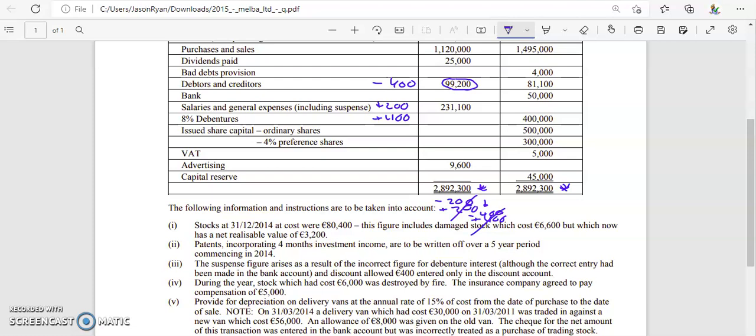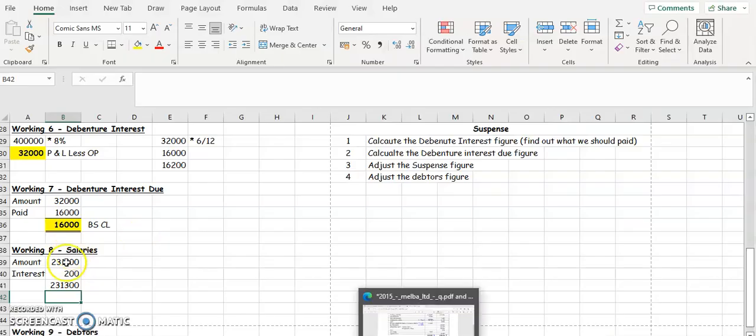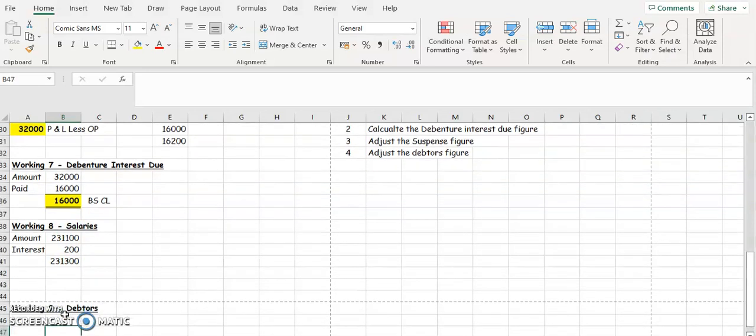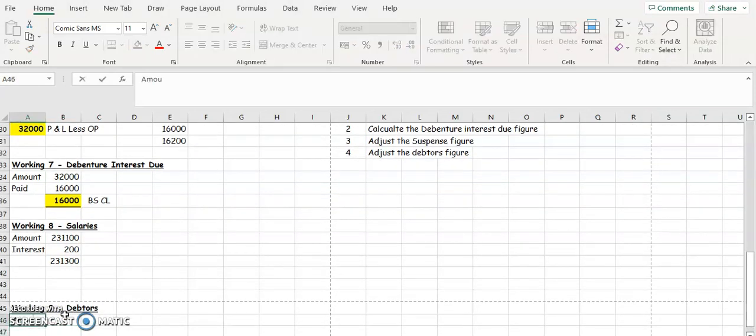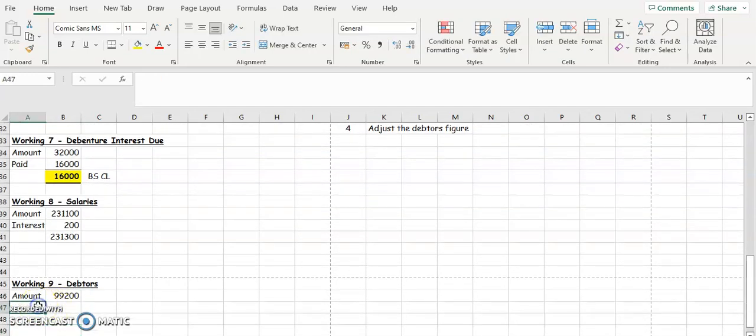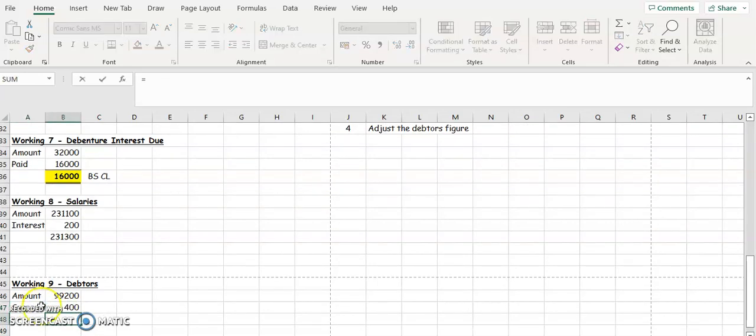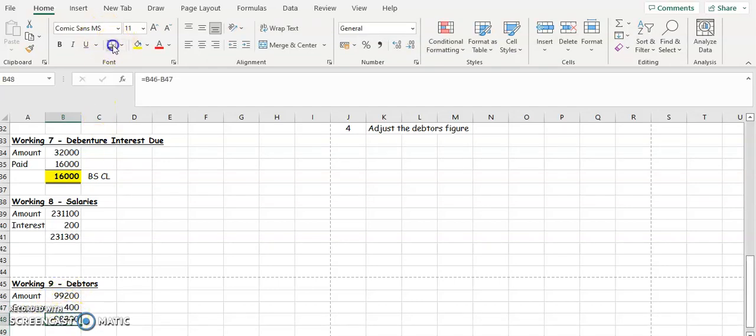Okay, so 99,200 is your debtors. I said we're taking away 400 because we gave an extra 400 out in a discount. So our debtors figure then is 98,800. That's going to go into your balance sheet as a current asset.